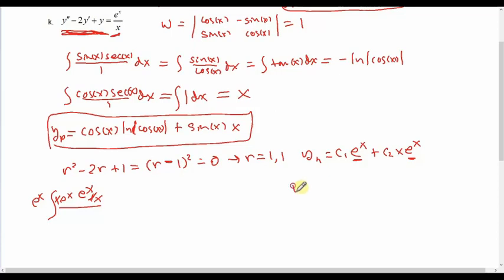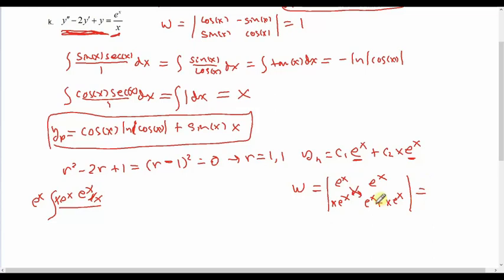Well, the Wronskian here doesn't work out quite as nice as the previous one, but here I've got e to the x and its derivative. Then I've got x e to the x, and its derivative is a product rule. It's going to be 1 times e to the x plus x e to the x. But it works out okay. It gives me at least what I need, turns out.